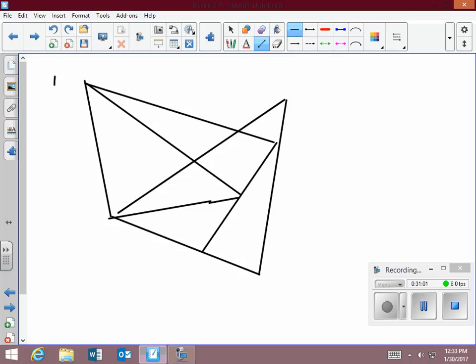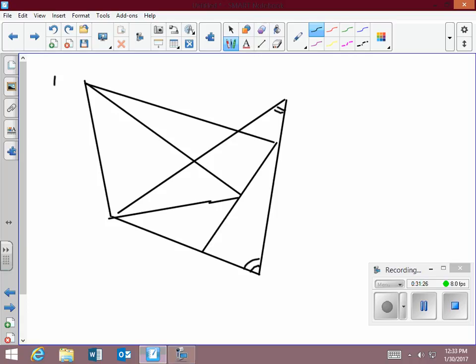Is that pretty good? So when they put those two marks, it means that one is equal to, where's the other one? On the very bottom, bottom right. So those two are equal.